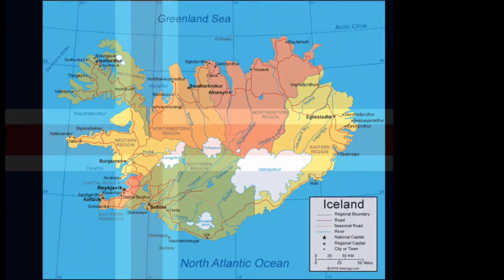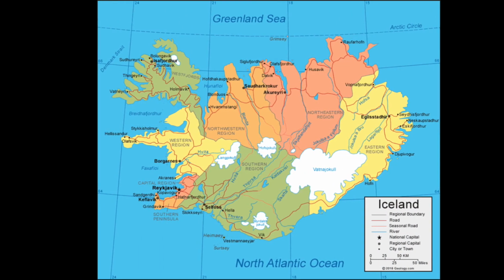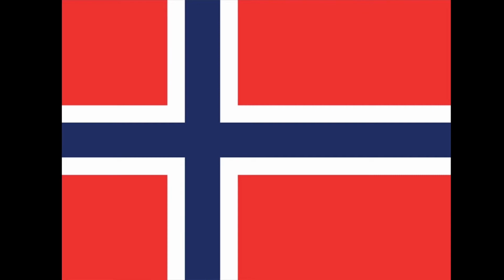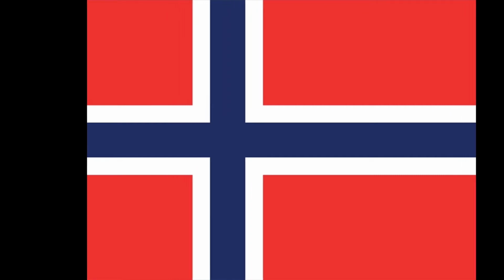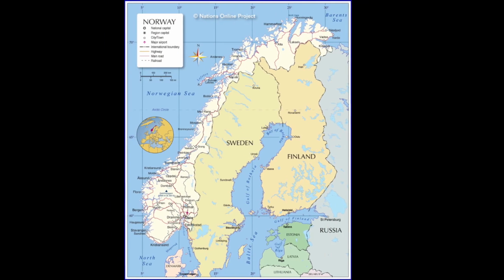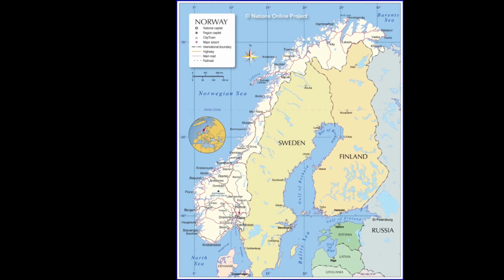Number 2, with Iceland. Iceland is in the fourth stage of the demographic transition model and has a pollution index of 16.24. Number 3, with Norway. Norway is in the fourth stage of the demographic transition model and has a pollution index of 18.14.